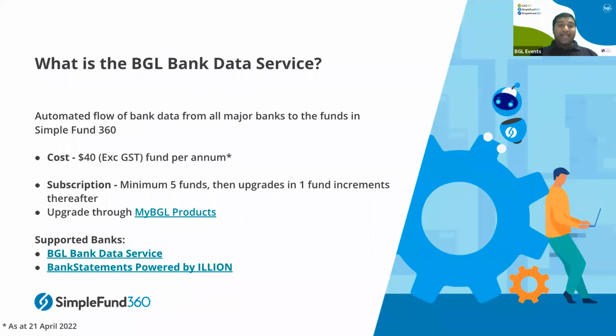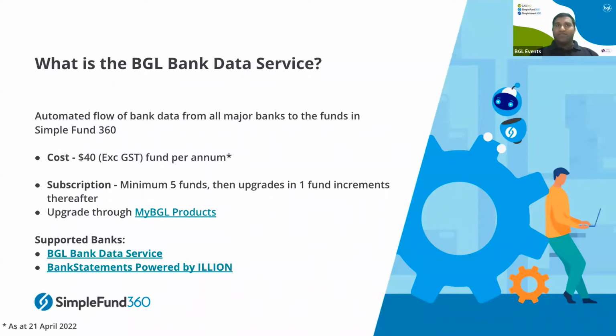Now, any funds that are set up on the BGL Bank Data Service can have unlimited bank accounts. If a fund has one bank account, it will take up one spot in your BGL Bank Data Service license. If it has 2, 3, 5, or 10 bank accounts, it still takes up one spot in your license.